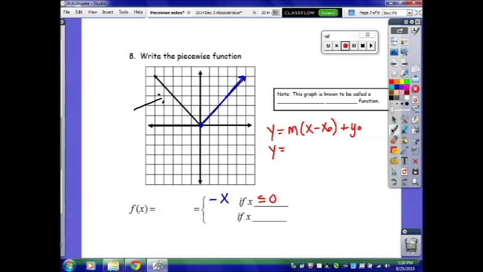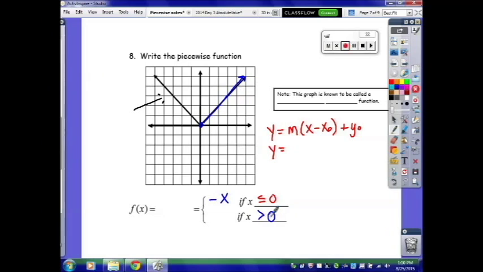Now you might ask yourself, which one has to be open, which one is closed? It doesn't matter, as long as one's open and one's closed in this particular graph. So I'm going to make x greater than 0. I could have just as easily made x less than 0 and then made x greater than or equal to 0.